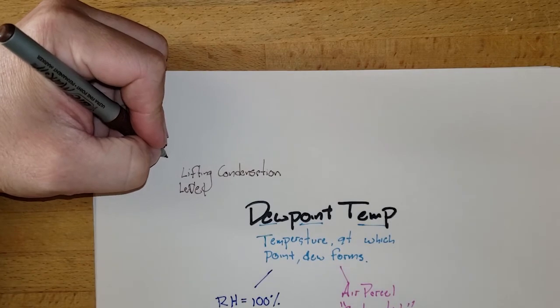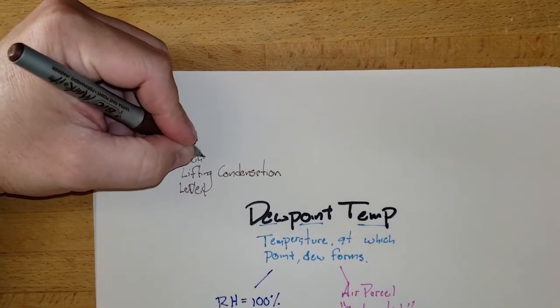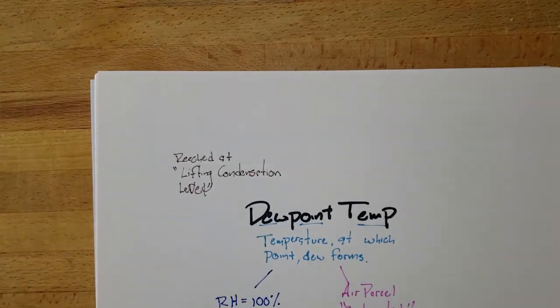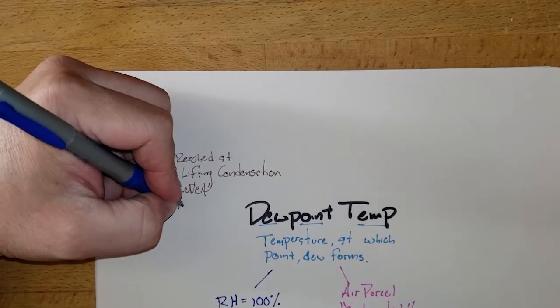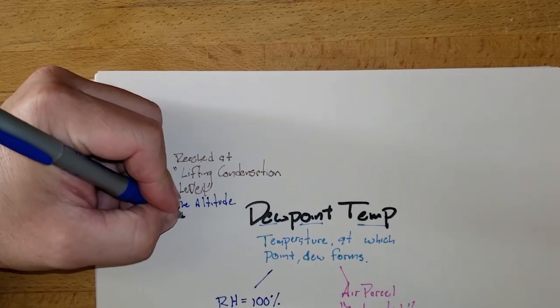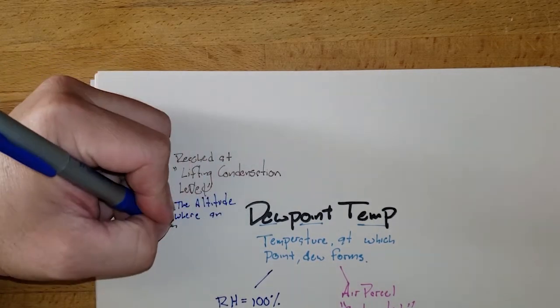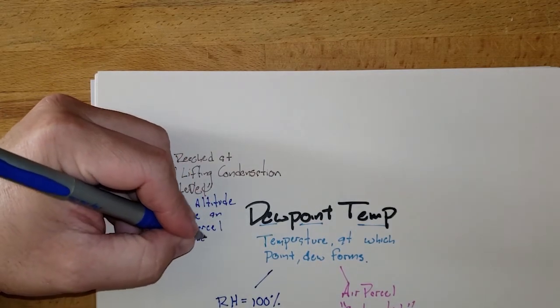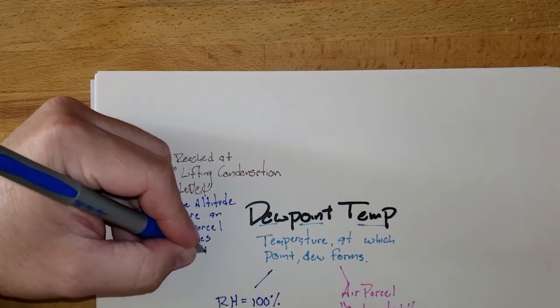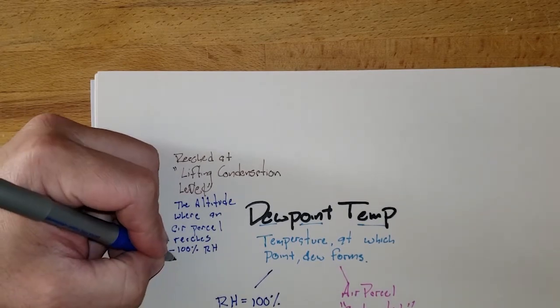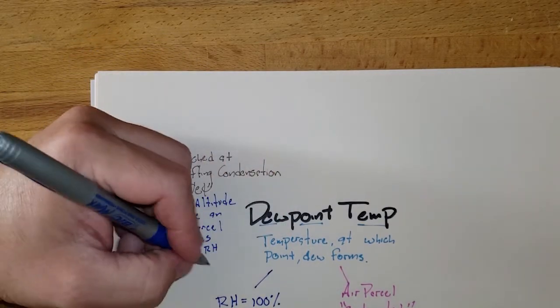So we would say that this is reached at that lifting condensation level. If we needed to define the lifting condensation level, it would be the altitude where an air parcel reaches 100% relative humidity, at its dew point temperature.